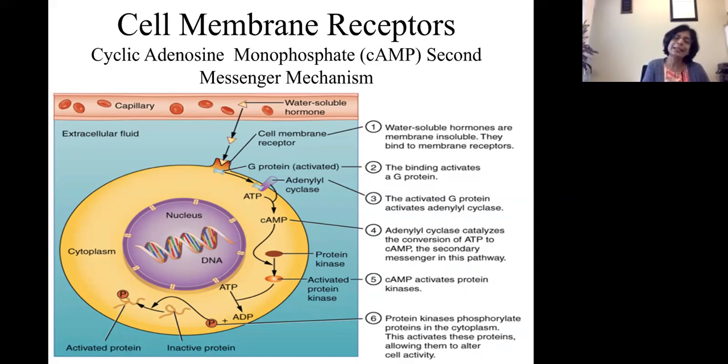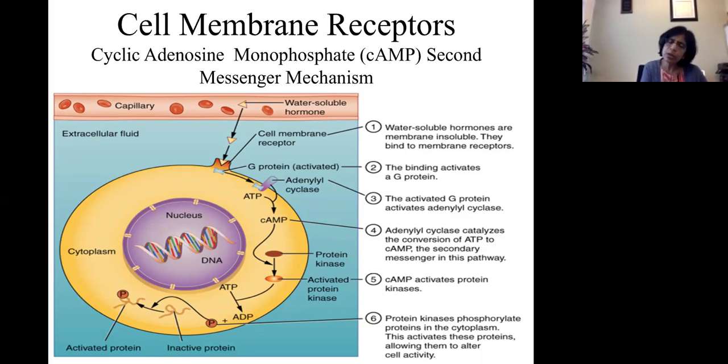So let's review the steps one more time. Hormone binds to its receptor. This is a membrane receptor. G protein activation. Then the adenylyl cyclase activation, conversion of ATP to cyclic AMP, increased levels of cyclic AMP, activation of one set of enzymes called protein kinases, or protein kinase A to be more specific, which then turns on many more cellular events.